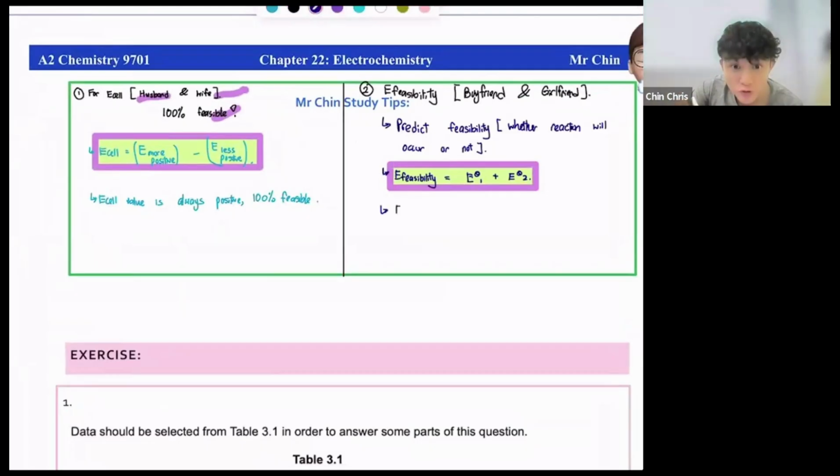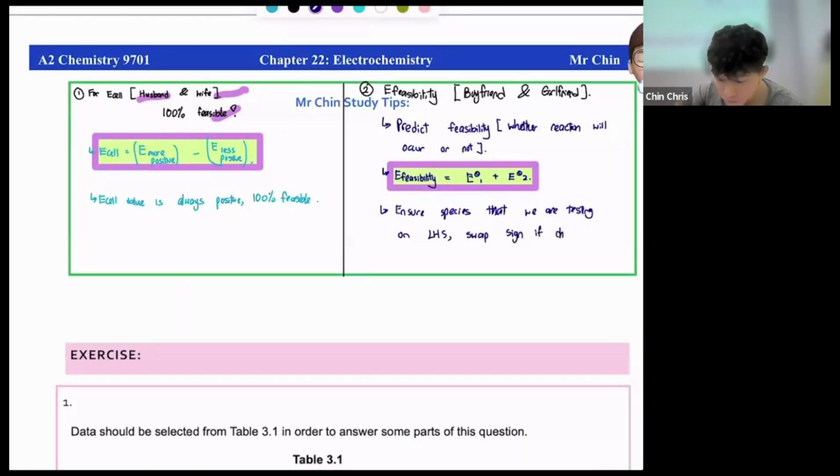A tip is to ensure the species that we are testing is on your left hand side, and swap the sign. For husband and wife, never swap the sign, please.